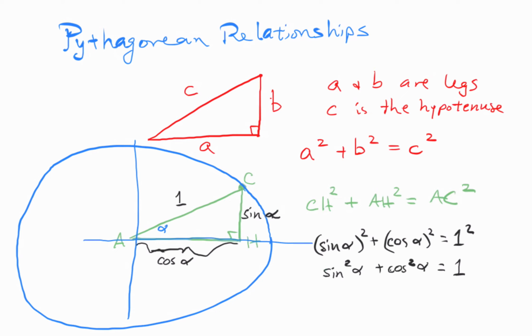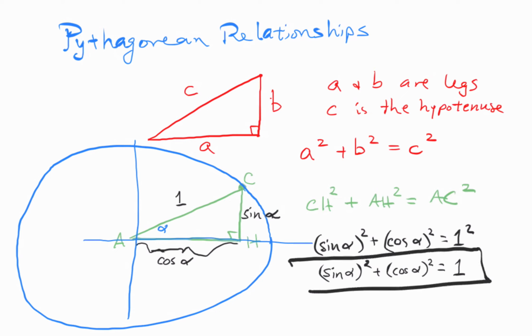But I am totally fine with just writing sine of alpha squared plus cosine of alpha squared and not confusing people with notation. So that's one Pythagorean relationship with the trigonometric names for the segment lengths.